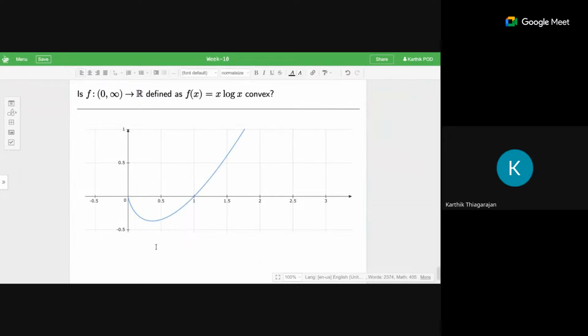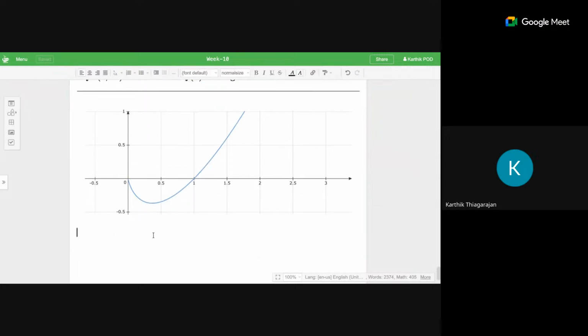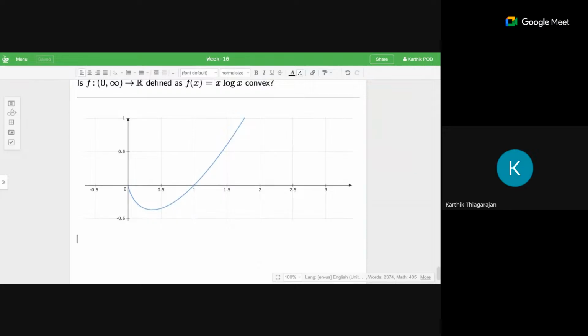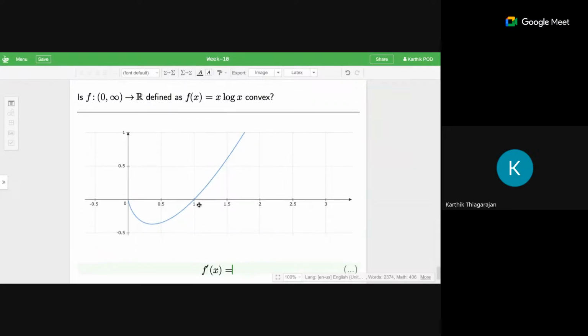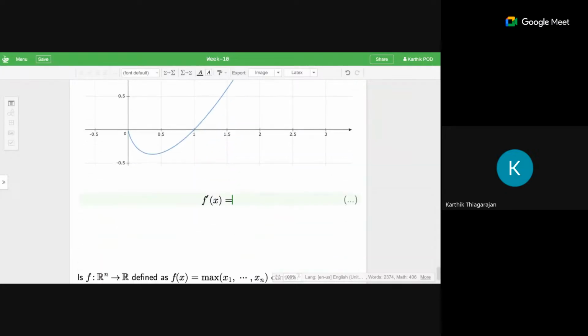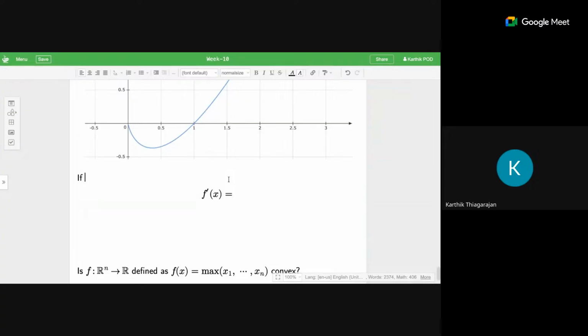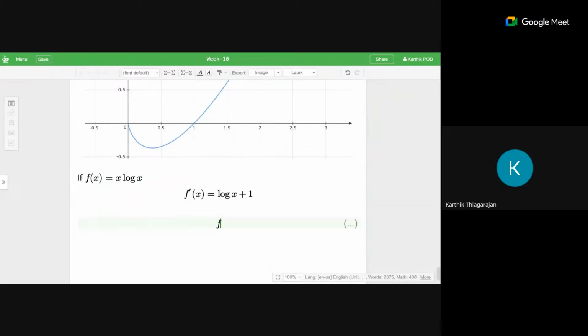So whenever you are given a function like this, it's always safe to go by the usual theorem that uses the second derivative, right? So let's start with that. What will be f prime of x for x log x? Log x plus 1. Yeah, so if this is x log x, this is log x plus 1. Okay, and what is f double prime?